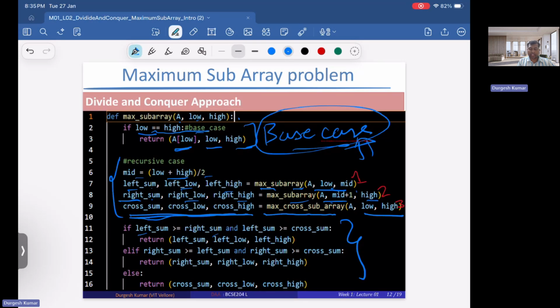If left sum is greater than right sum and left sum is greater than cross sum, we return left sum, left low, left high. Otherwise, if right sum is greater than left sum and right sum is greater than cross sum, we return right sum, right low, right high. Otherwise, we return cross sum, cross low, cross high. These are pretty simple. The core logic is the recursive function and the base case. So this is just 15 to 16 lines of code.